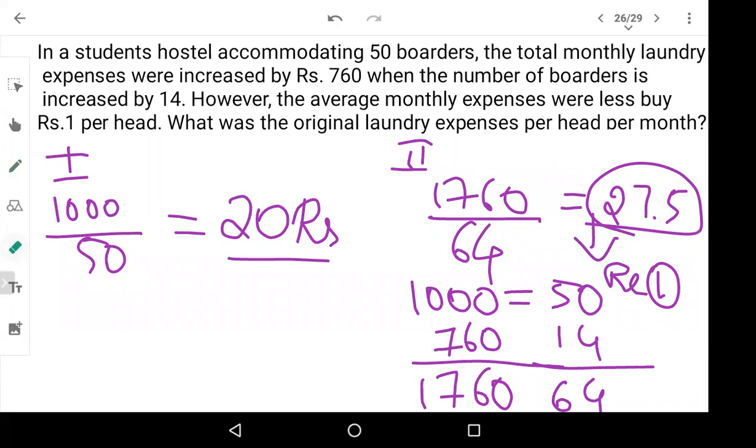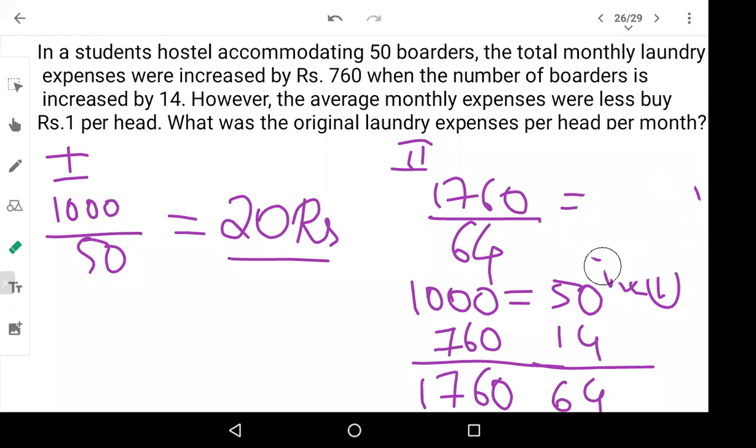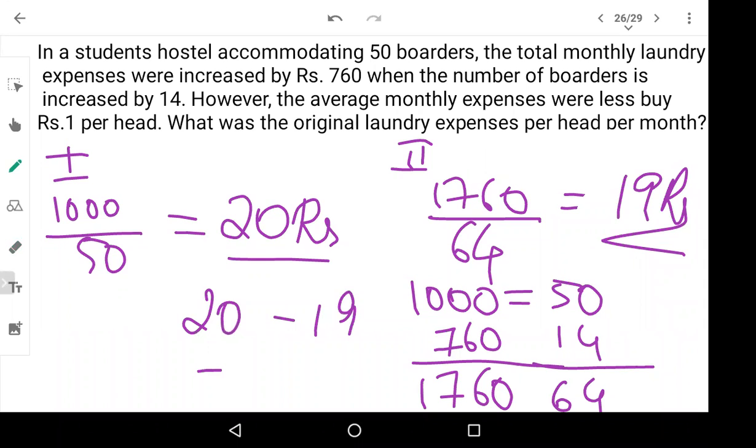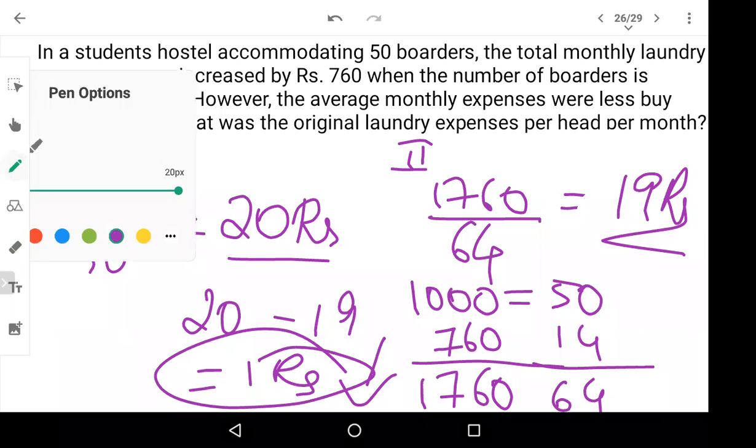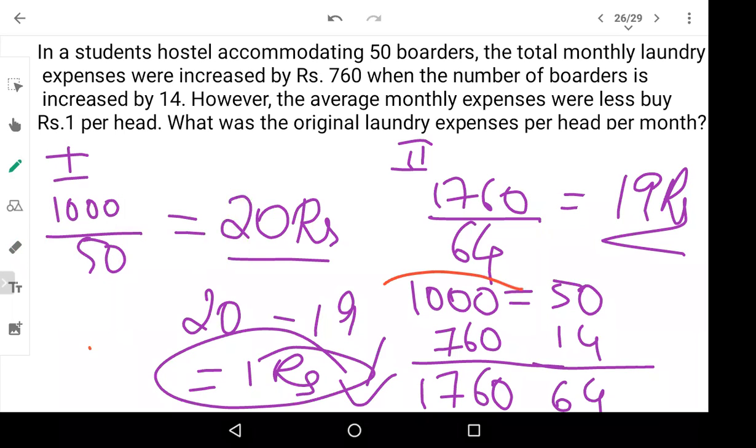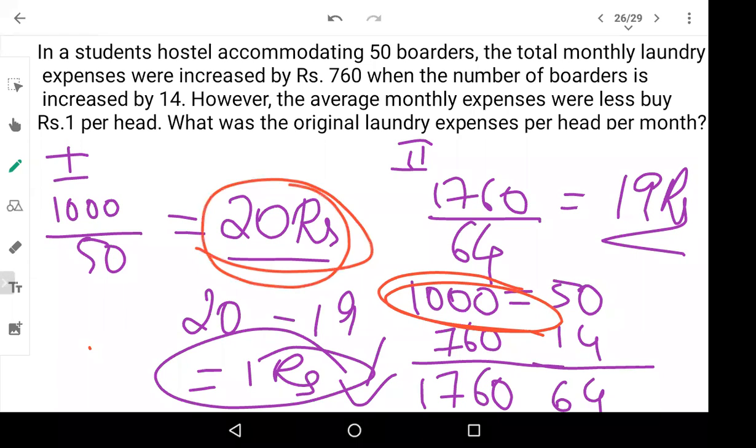Let us take for example, here it is coming to 19 rupees. 20 minus 19, 1 rupee is decreased. That is the scenario. Now what are they asking us to find? They are asking us to find the original laundry expenses per head.